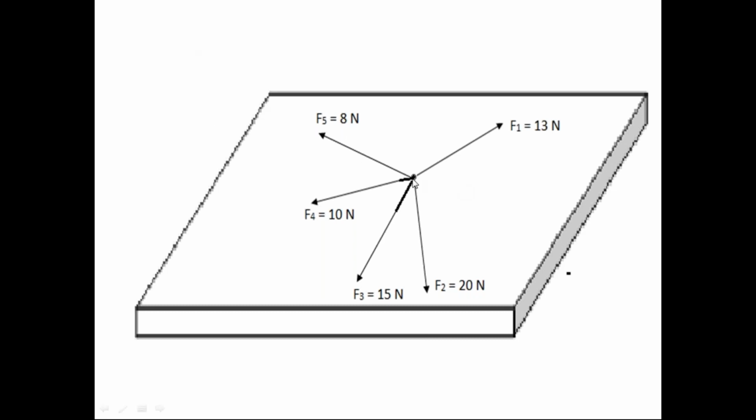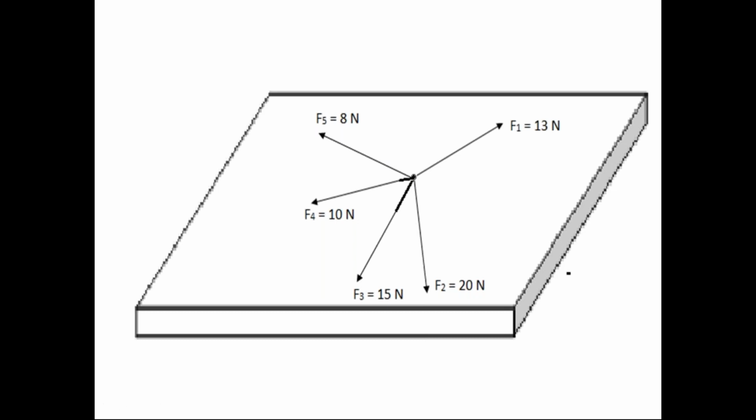Here in the diagram, look at this point. All the forces' lines of action pass through the same point. This is the common point of application for all the forces. Then we call this force system the coplanar concurrent force system. The term concurrent means all the lines of action of forces pass through the same point.